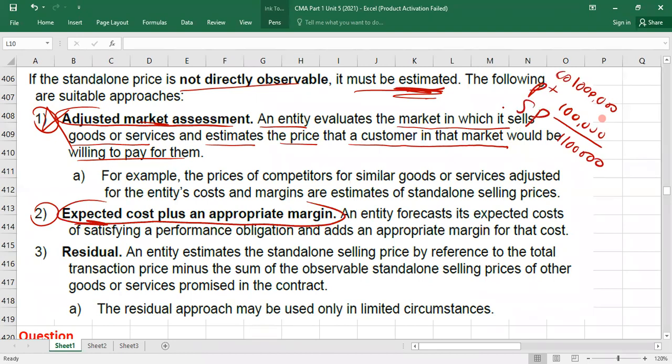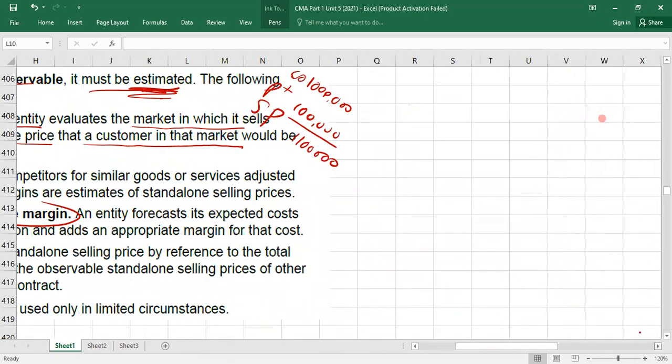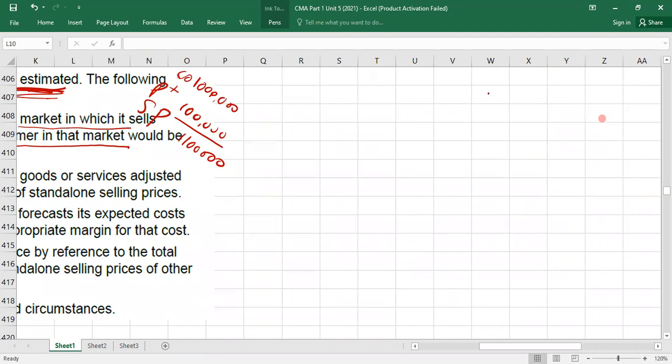If this is also not working, then you have to use the residual approach. What is the residual approach? It works only in a particular scenario. For example, I am selling machines. I sold machine plus maintenance service for $200,000. The market value of the machine is available, 190,000.